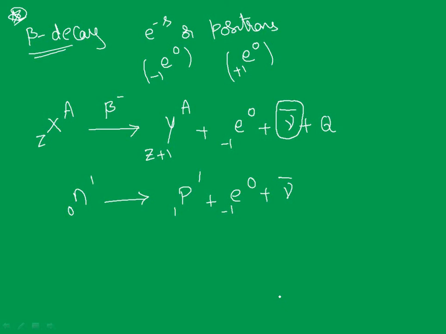It has 0 electric charge and its rest mass is very small, almost equal to 0. This is the example we can give for negative beta decay. Are we clear with this? Therefore in beta minus decay, the atomic number of the daughter nucleus increases by 1. Have you noticed that here?